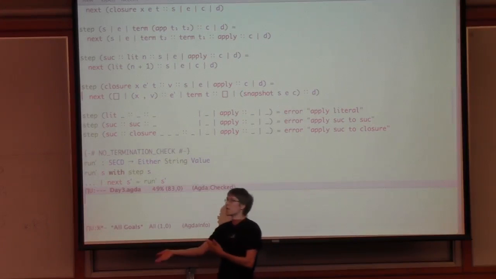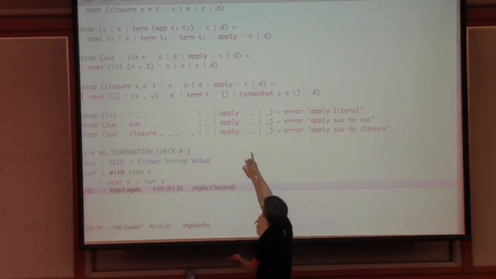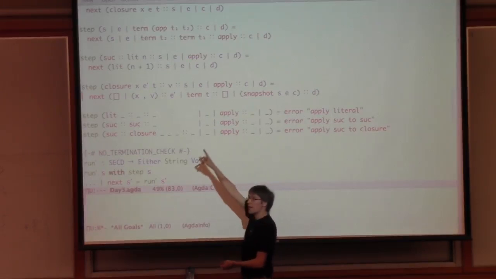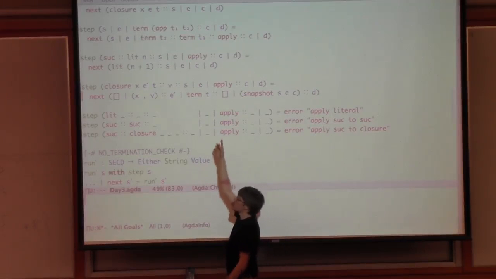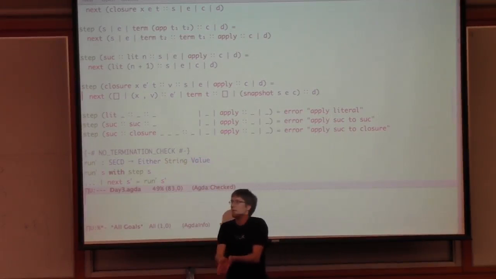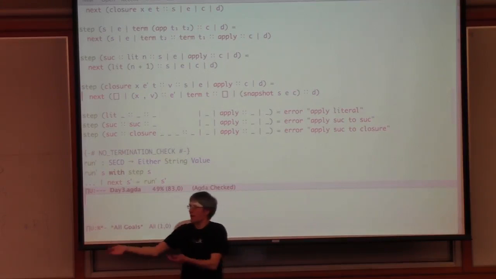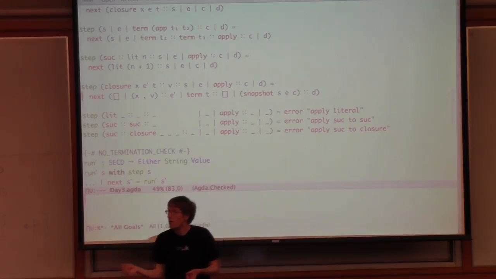And then we take one step to a configuration where the stack is empty. But that's fine as long as we maintain the invariant between the control and the stack. We don't actually care about the height of the stack other than that it should match up with whatever you have on the control.